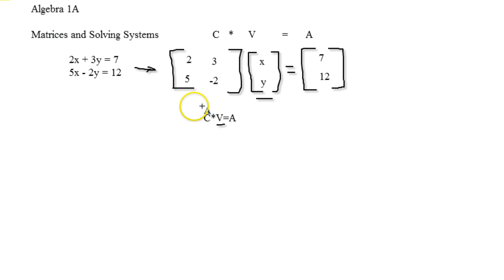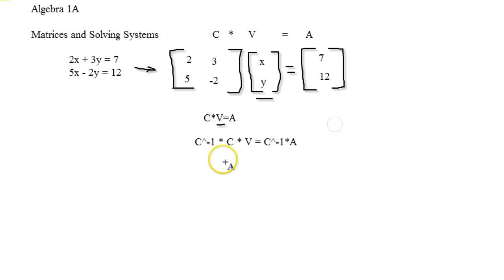So what we're going to do is the inverse of multiplying, which is we're going to multiply by the inverse. So it's going to be C inverse times matrix C. You always want to use capital letters with this stuff. Then it's going to be times V equals, and what I do to one side, I do to the other.